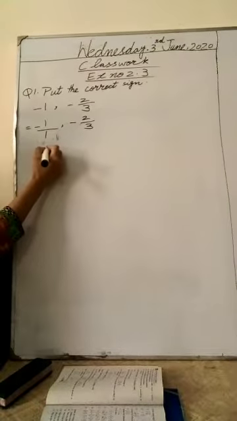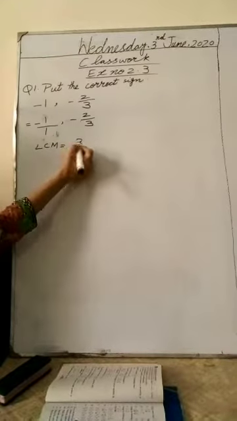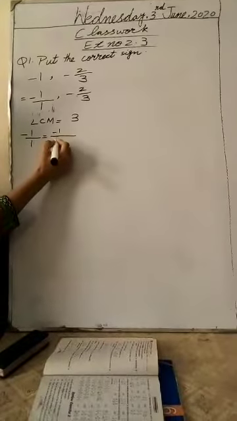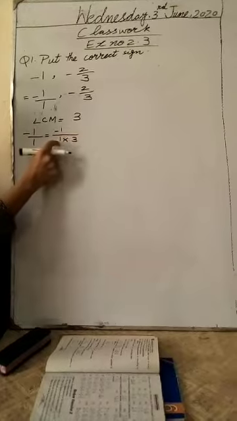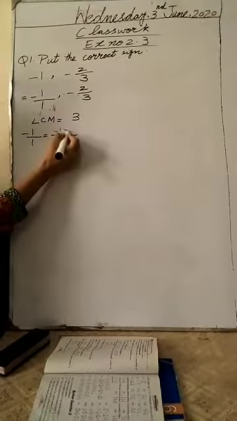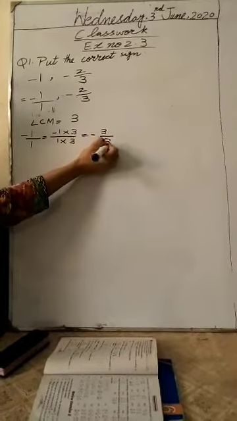So find the LCM. LCM is 3, 1 time 3. Take your first value, minus 1 over 1 equals minus 1 over 1. 1 multiplied by 3, 1 times 3 is 3. Multiply in the numerator. Minus 3 over 3.